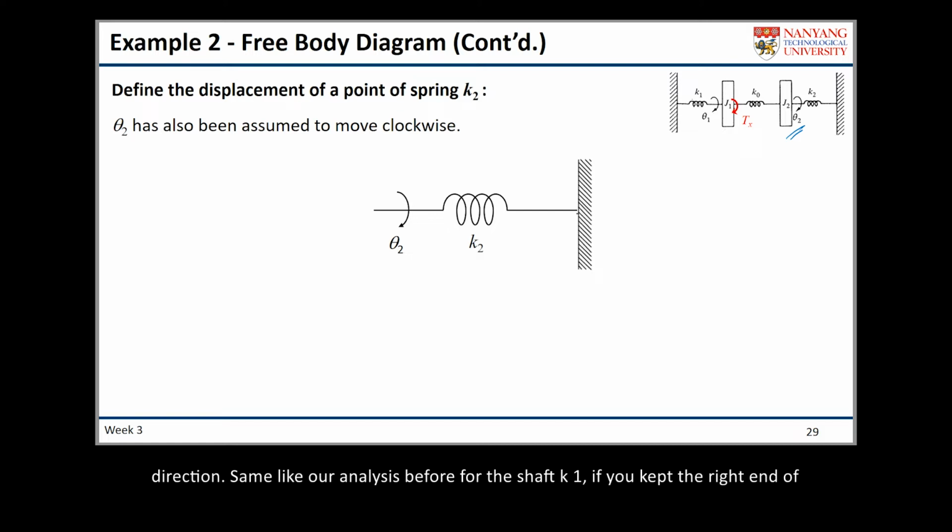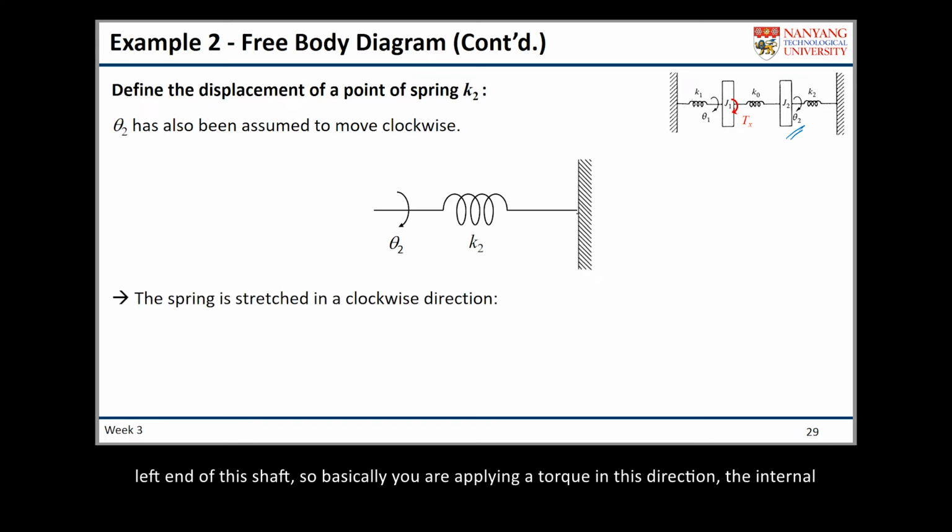Same like our analysis before for the shaft K1, if you keep the right end of the shaft K2 fixed and you try to twist the left end of this shaft, basically you are applying a torque in this direction.